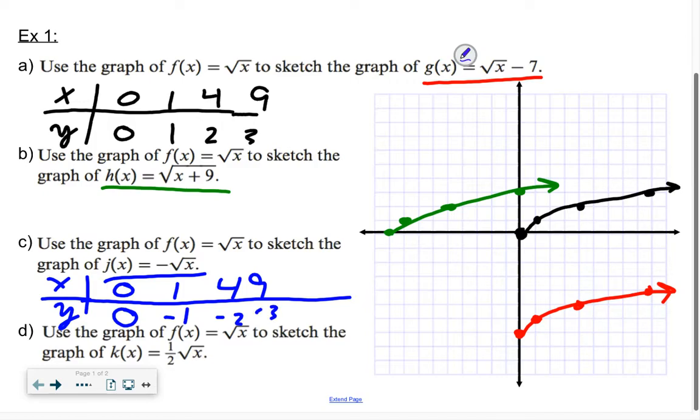So if we plot these points, 0, 0, 1, negative 1, 4, negative 2, and 9, negative 3. Did our conjecture hold true? Yes, it did. It took the parent function, the black one, and it reflected it across the x-axis. It reflected downward. So that's what the negative sign in front is always going to do. It's going to reflect it down.